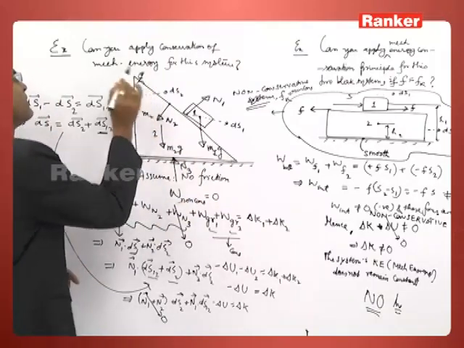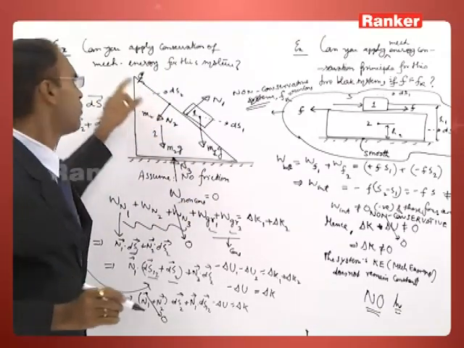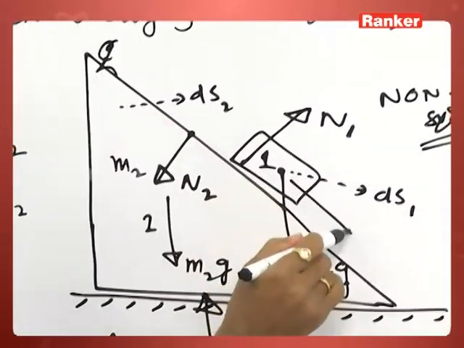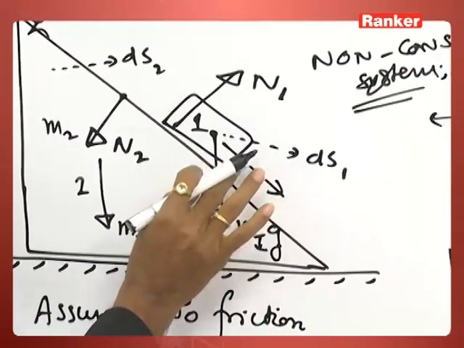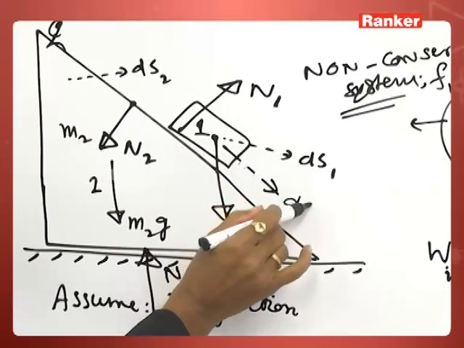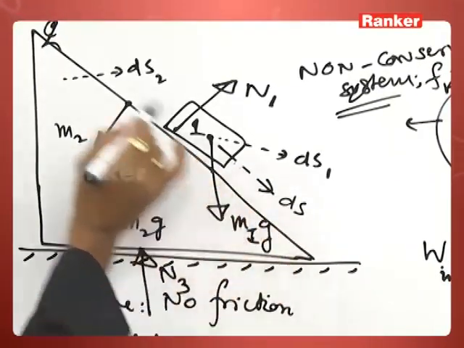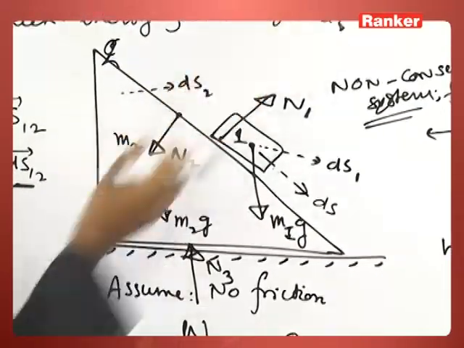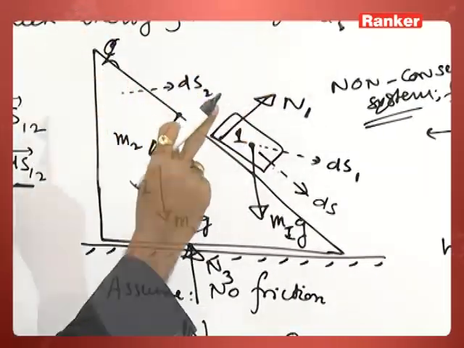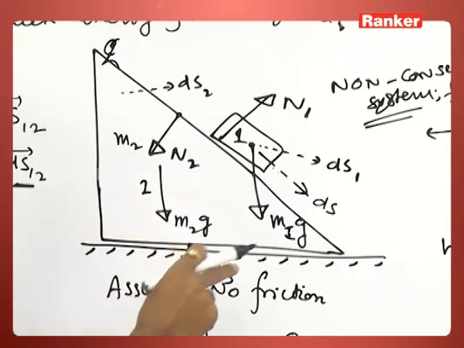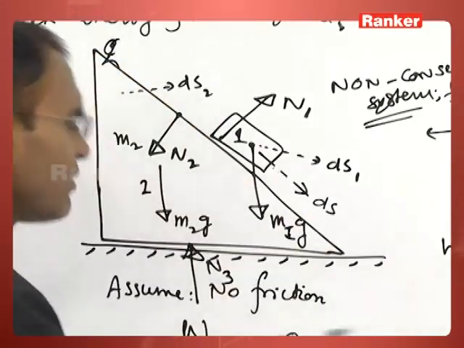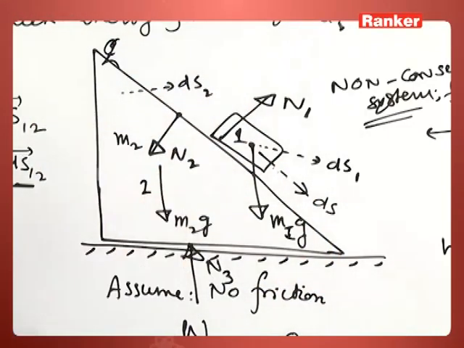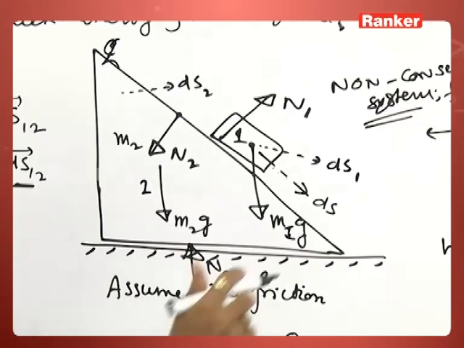This means that when you are standing on the wedge, you can see that the block is undergoing displacement either in this direction or in this direction, because with respect to the wedge, the block cannot move in this direction. So, only one direction it can move, either down or up along the wedge.